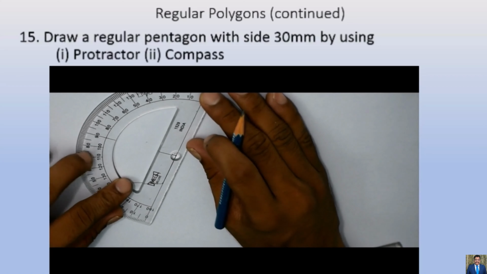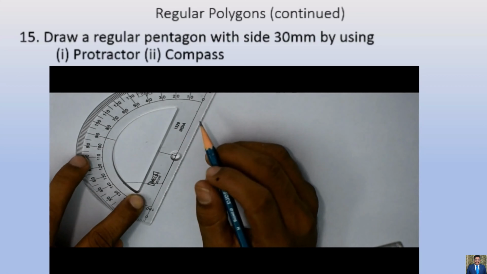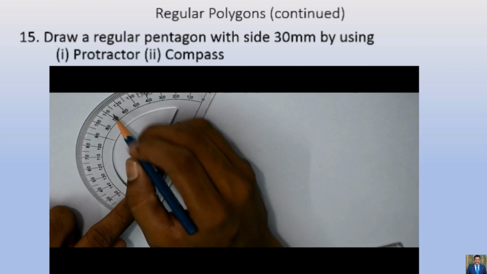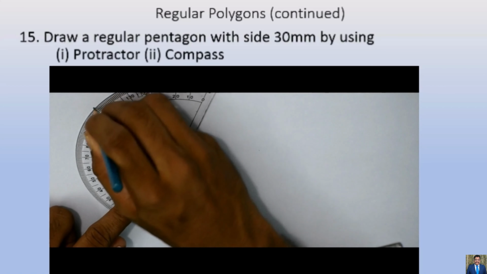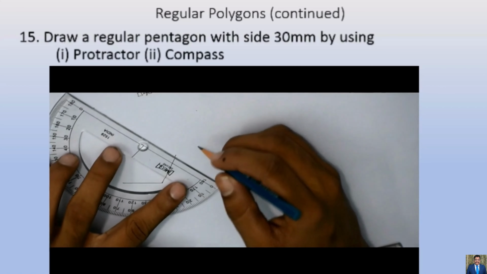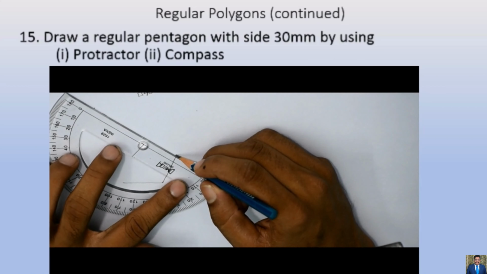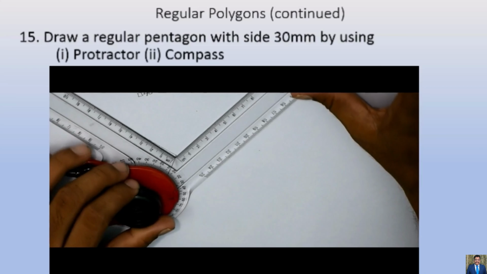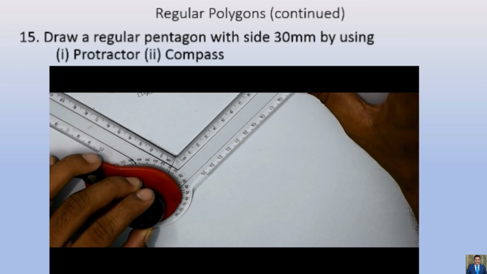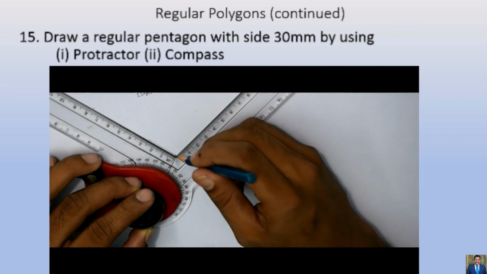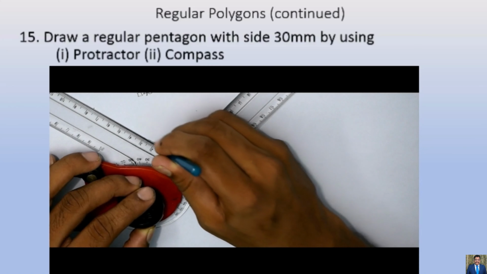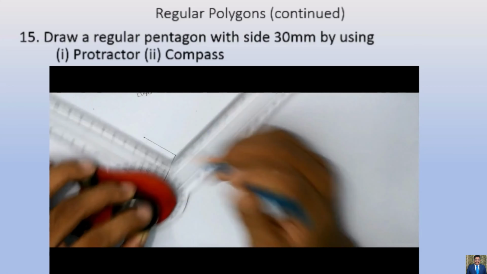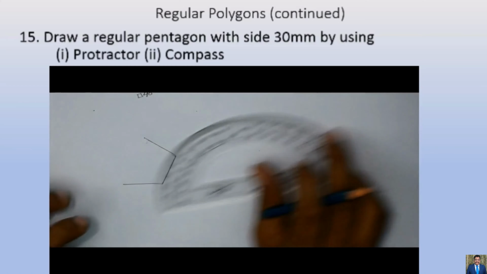So one more time, again you can see that I have aligned the protractor scale now with the second line's ending, and I have marked again 72 degree. And again I have taken some line. This is going to be again 30 mm. Now we have completed 3 lines and 2 more to go.